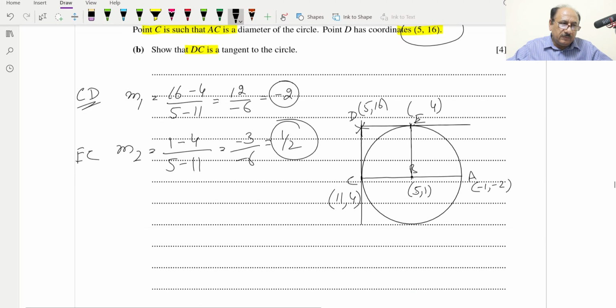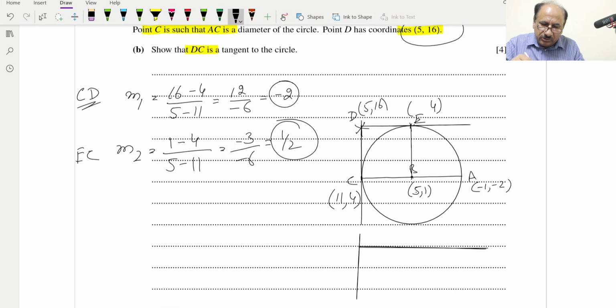Now we have to show that these two lines, for example DE, this one, is perpendicular to this one. This is what we have to show.